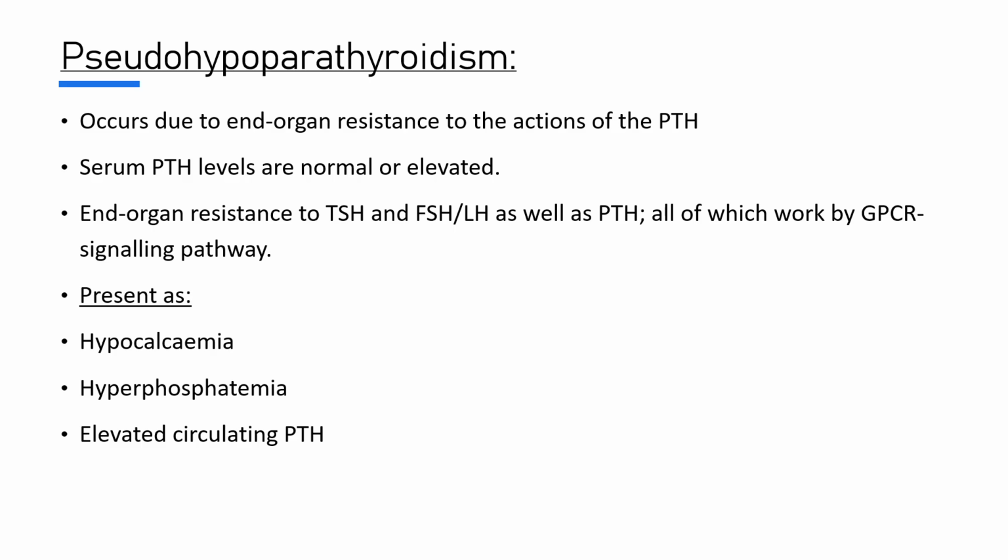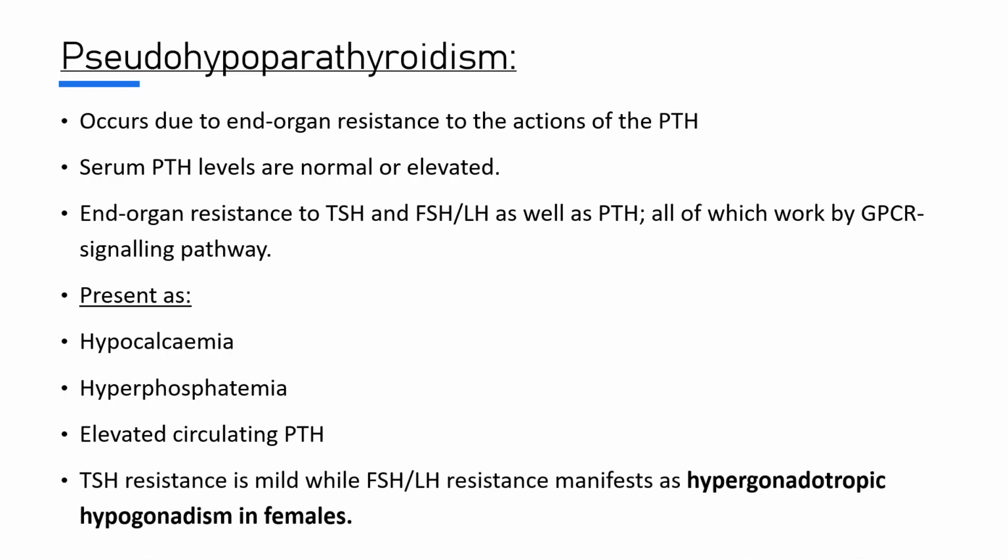And if the end organ of that person is resistant to TSH, then there will be a mild manifestation. But if that person is resistant to FSH or LH, and the person is female, then that manifests as hypergonadotropic hypogonadism, since FSH and LH resistance is very much visible in the female.